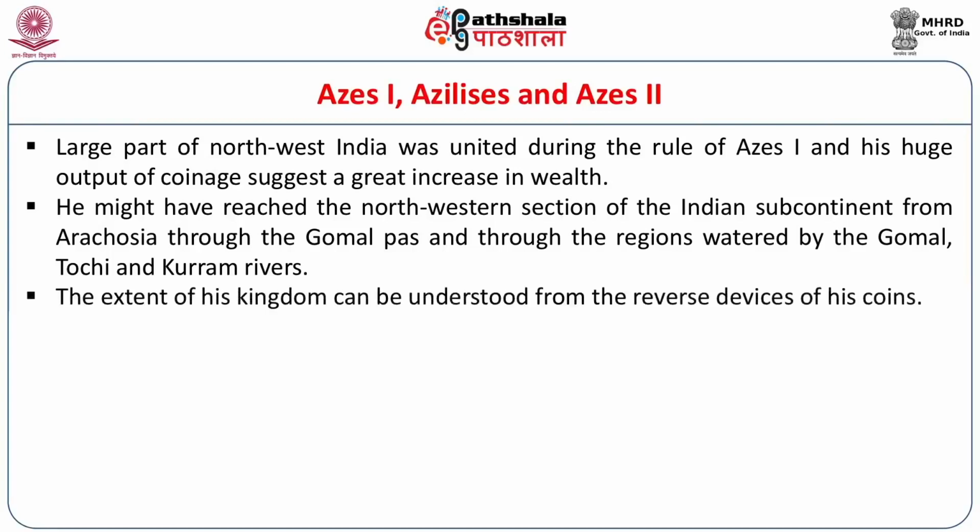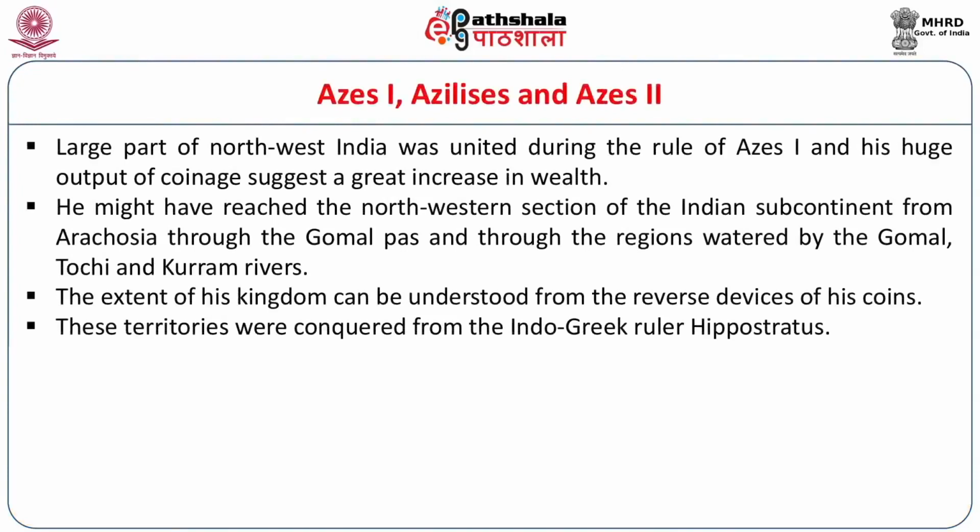The extent of his kingdom can be understood from the reverse devices of his coins. For example, the mounted king and armed Pallas Athena type can be located in the Bajaur territory, whereas the Zeus with Nike type was located in the Taxila region.